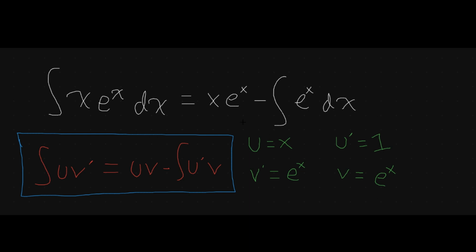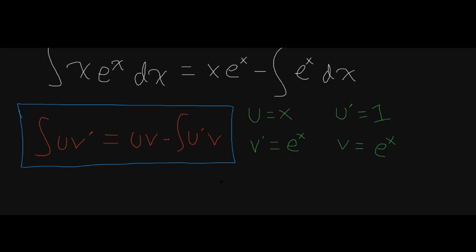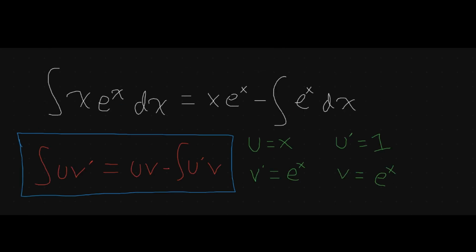So what do we notice? We get a term on the outside, and now we are left with this integral over here, which is just the integral of e to the x with respect to x. So let's continue over here. We need to rewrite this term.